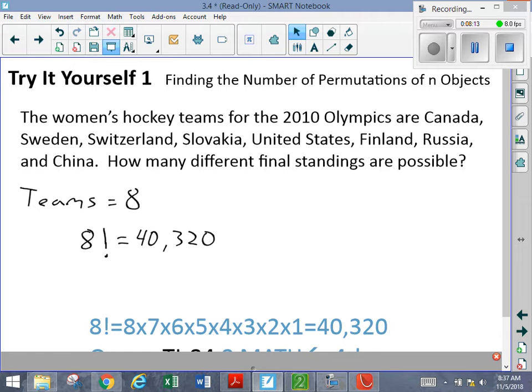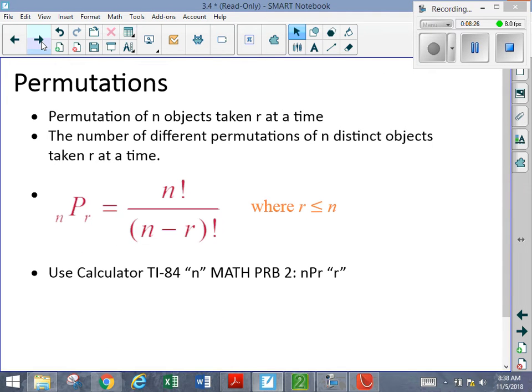Now it would be different if it asked us how many different ways can you arrange first, second, and third place, right? And that's what we're going to get into next. When we're talking about a permutation of n objects taken r at a time, it's the number of different permutations of n distinct objects taken r at a time.